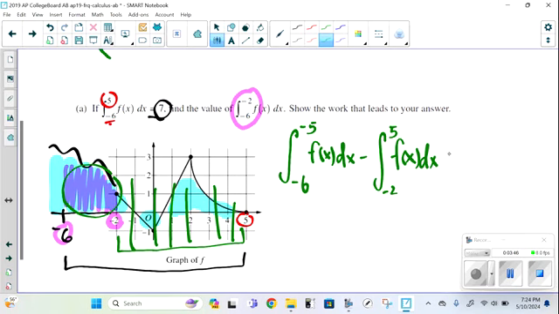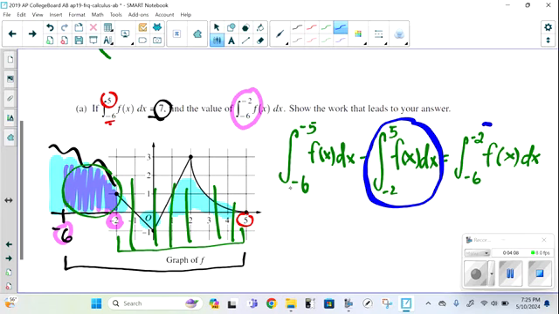That would leave me the integration from -6 to -2 of f of x dx. So this is really just a fancy way of saying find the integration of this. This is all we got to find because we're given this. This is 7. We just got to find out what this value is and just subtract it from 7.